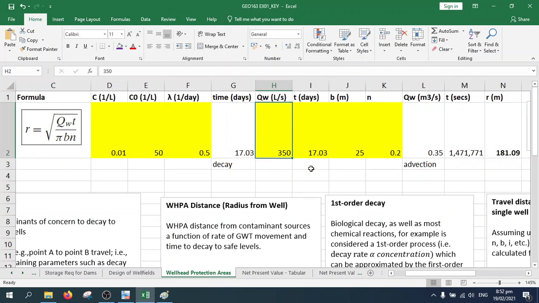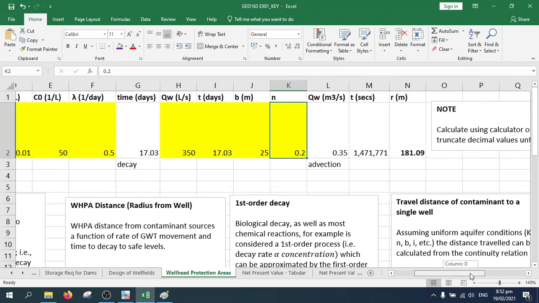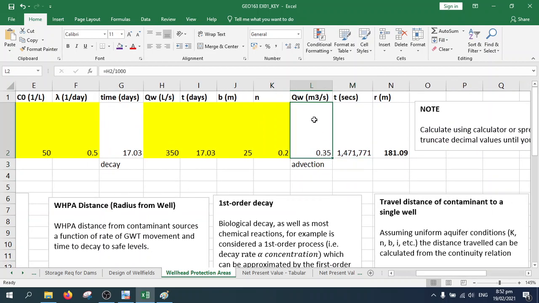Let's check the inputs here. As per the example, the pumping rate is 350 liters per second, and the time of travel is 17.3 days. Thickness of the aquifer is given as 25 meters, and the effective porosity is 0.2.